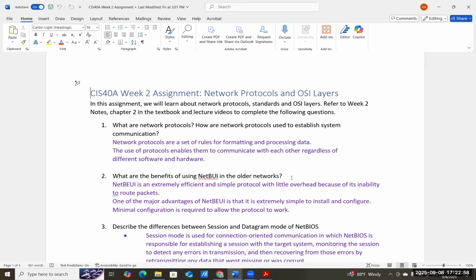When we look at HTTP, hypertext transfer protocol, the P stands for protocol, and that is used to format your web content. HTTPS also services the web, but it provides security with encryption, so it also utilizes an additional protocol to do that. So you always see a protocol tied to a type of service.